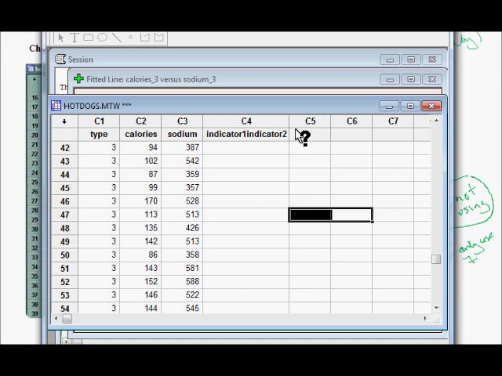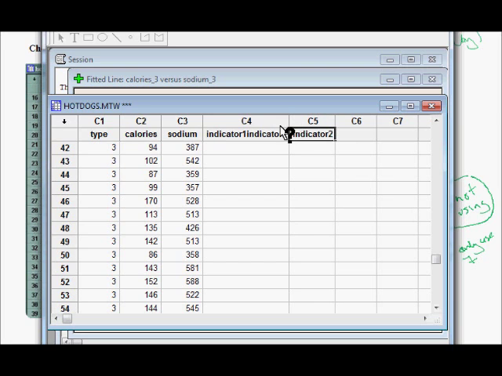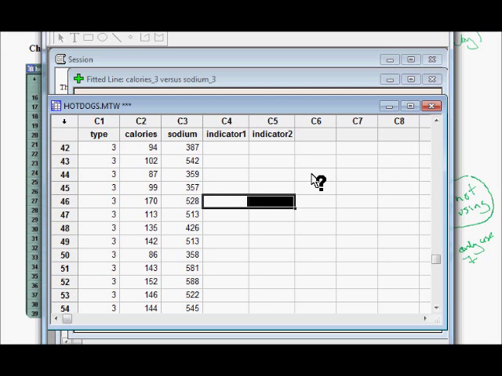Oh, I called it one name there. I thought it's separate cells. Let's go ahead and take this, put it in here, and then take it out of here. There we go. Indicator 1, indicator 2.